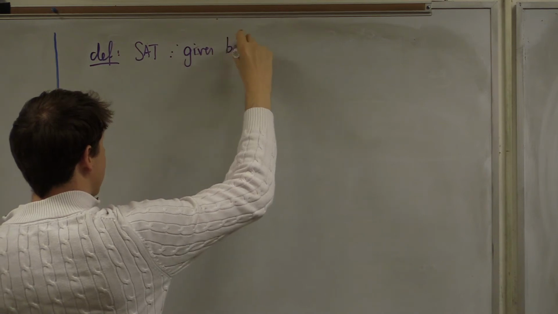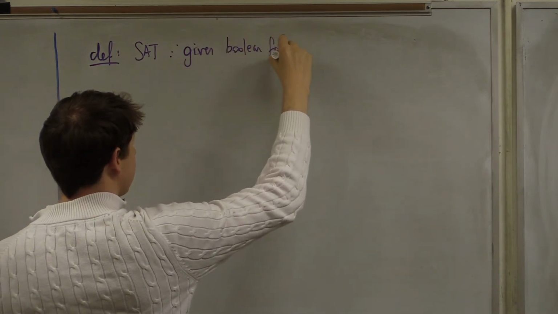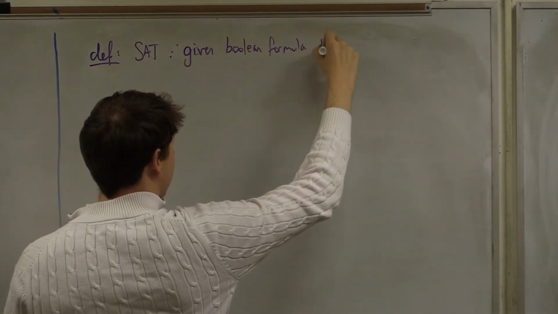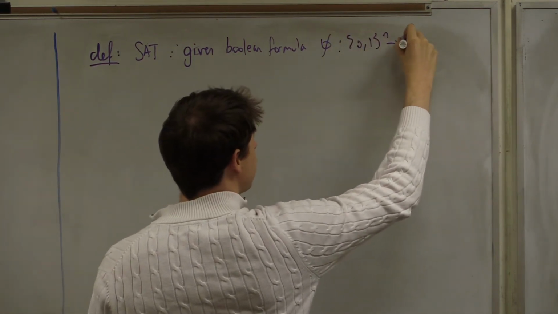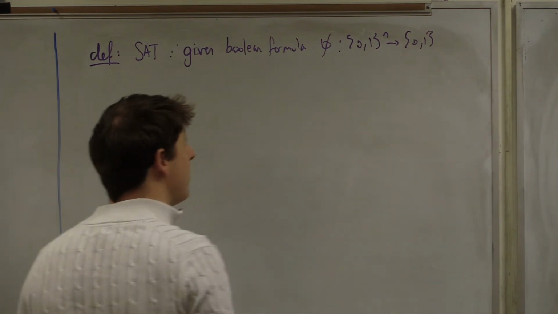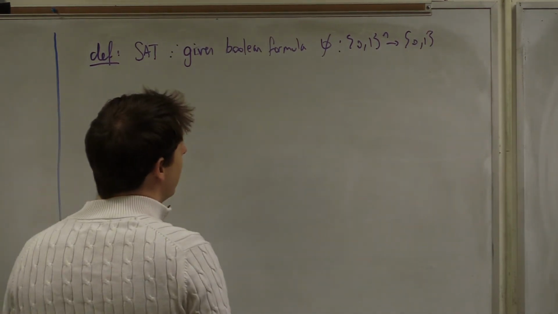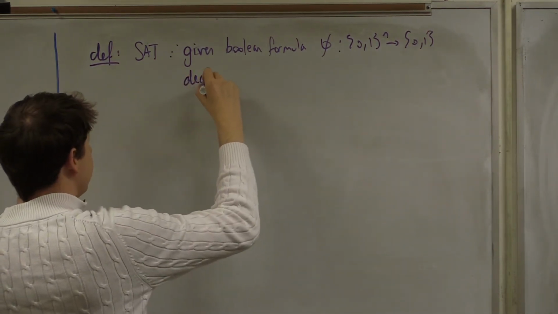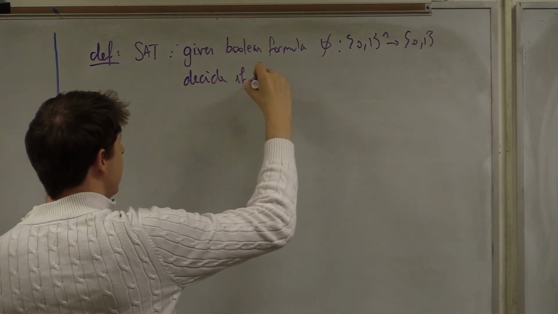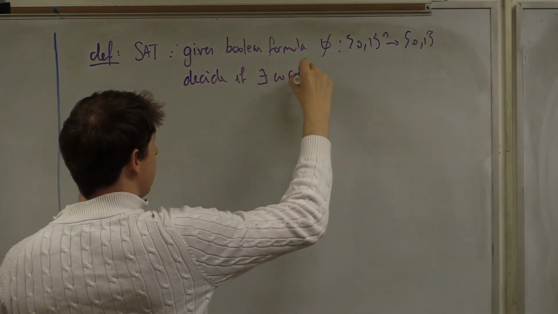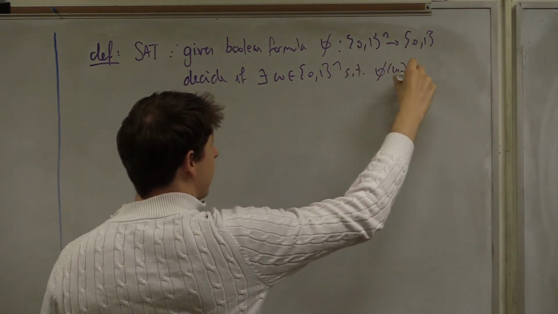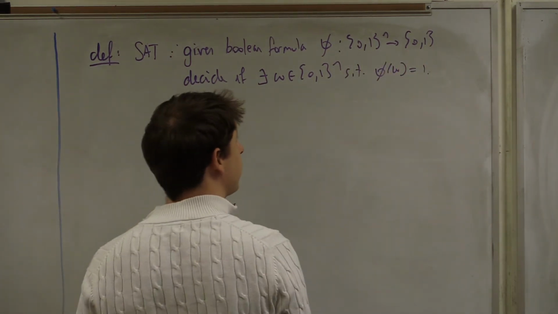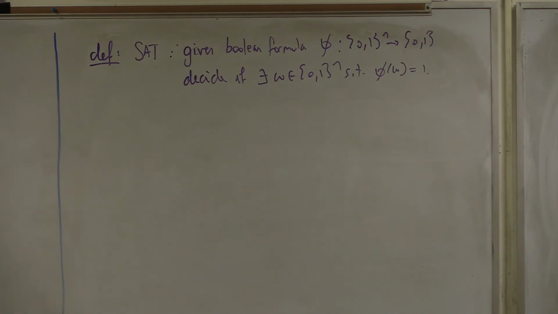Given a Boolean formula phi, let's say from n bits to 1 bit, they always have one output, decide if there exists a witness W, with n bits, that makes the formula satisfiable. Okay, so that is the decision problem SAT.